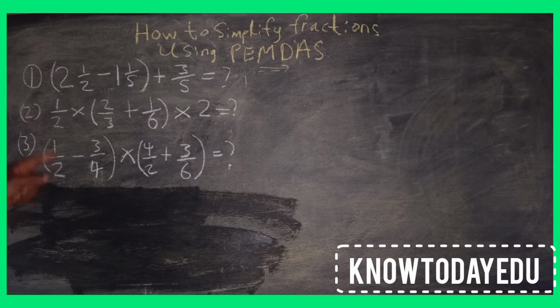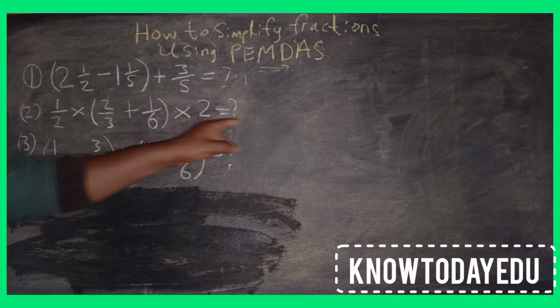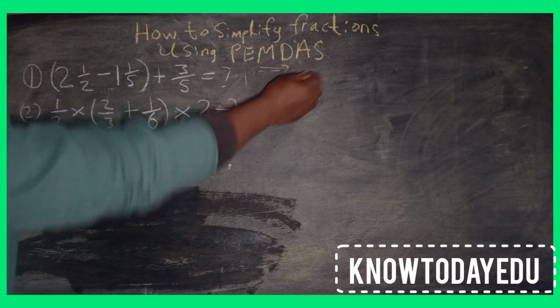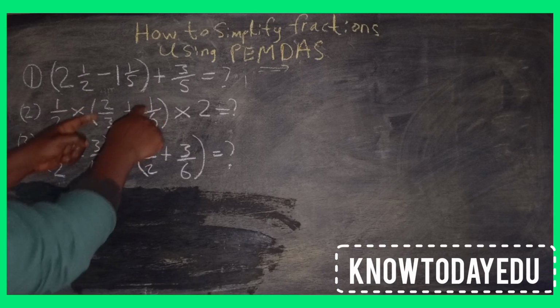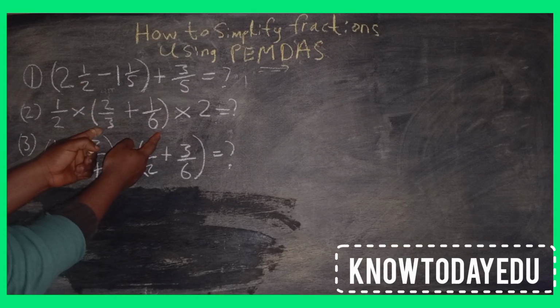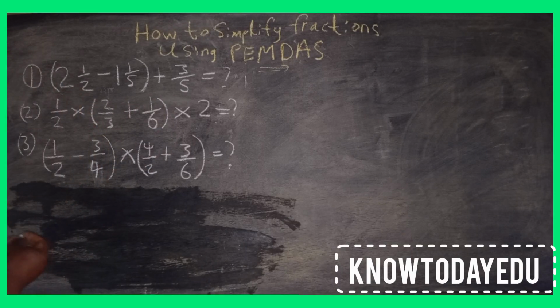The second one is half times (2 on 3 plus 1 on 6) times 2 equals. Apply PEMDAS again to solve it. So if you check here, there's parentheses. So this is what we're going to solve first. Okay, what's in the bracket? So we will have 2 on 3 plus 1 on 6.